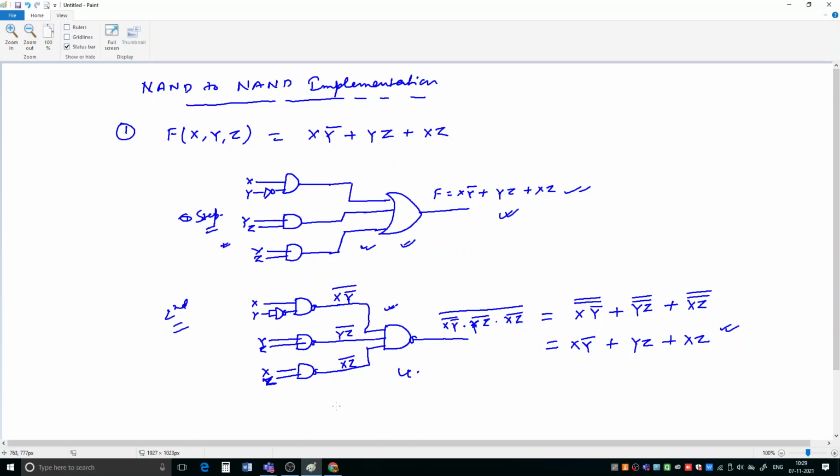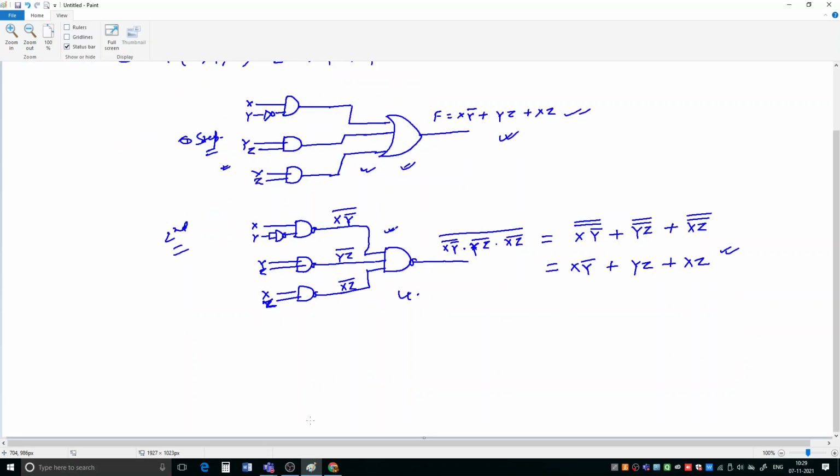Okay, now let us see NOR to NOR implementation. Second, we have to see NOR to NOR implementation. As I told you, NAND and NOR gates are considered universal gates. Why are they considered so?